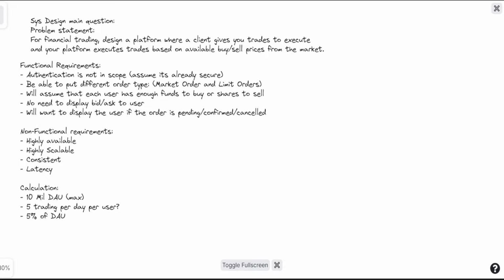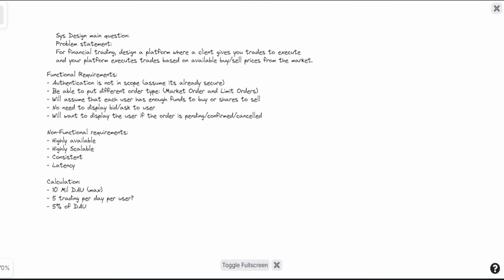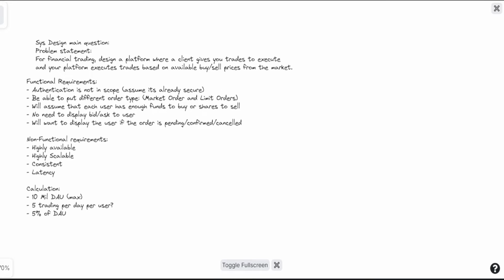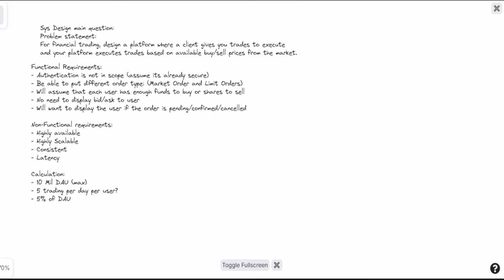These are the high frequency users. No, rather, let's assume that these high frequency users will at most submit 100 trade requests per second.